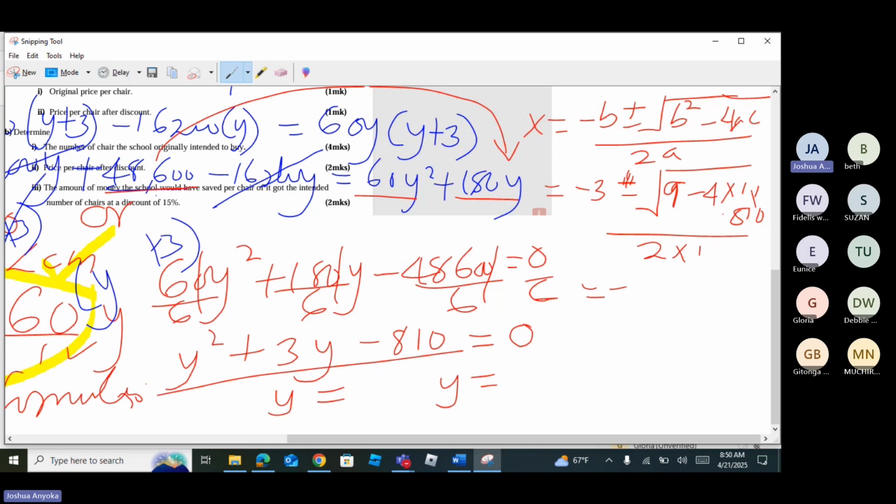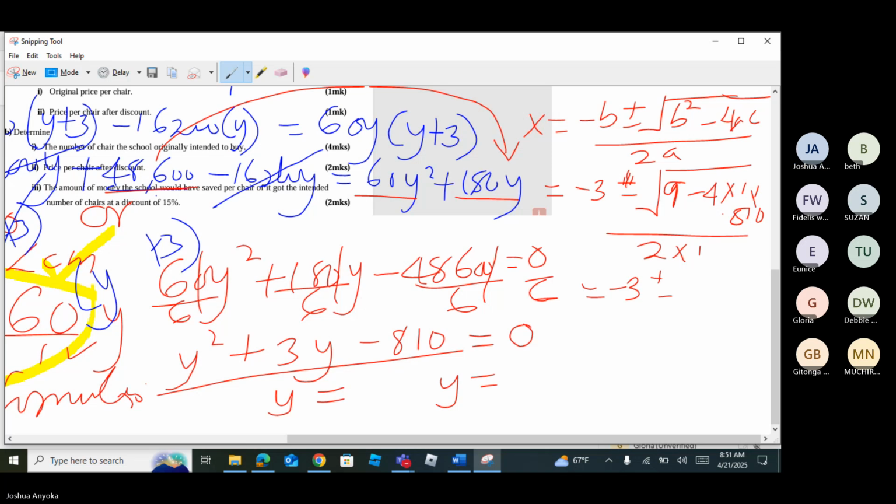So we have -3 plus or minus the root of 4 times 810 plus 9.